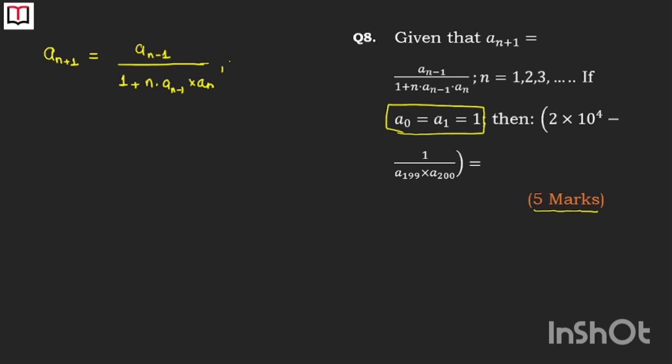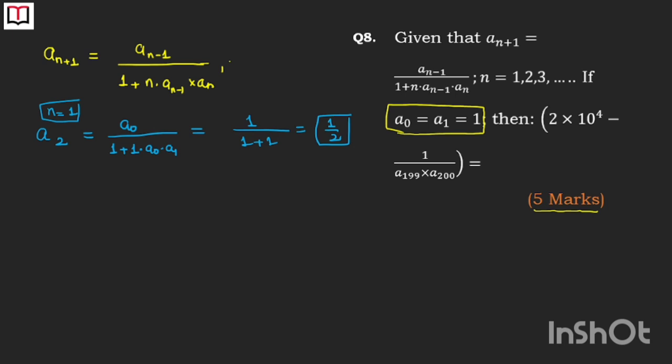So what I finally thought was, why not start finding the values, because we are given a0 and a1. Let's put n is equal to 1 here. So what do we get? a2 is a0 over 1 plus 1 into a0 into a1. Put the values: 1 over 1 plus 1, which is half.